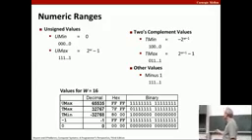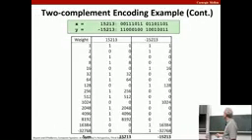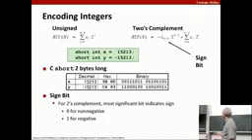If you have an unsigned number, then this is just the conversion. B2U means from a bit level representation to an unsigned number of some bit pattern.